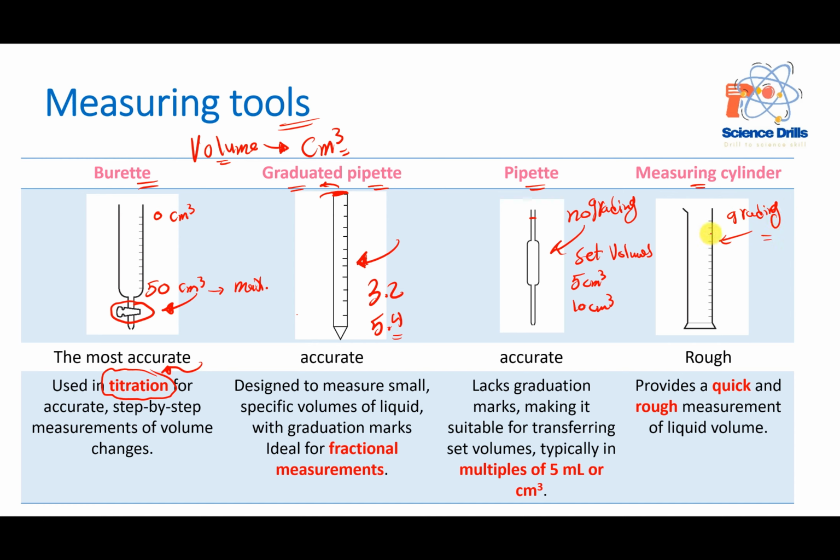This is because we measure from the meniscus, and if you measure from the top of the meniscus, all of this area will be error. So the percentage of the error is high. That's why it gives a rough measurement, and rough measurements mean not accurate.